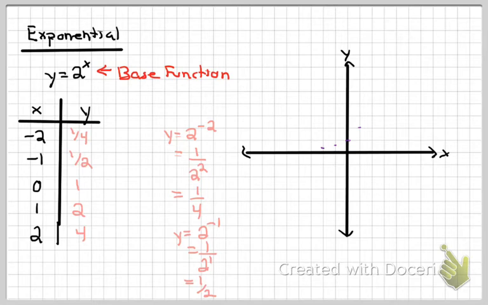And at 2, it will be 4. So you notice here that it slowly increases, and that after we hit our y-axis, it increases an extreme amount compared to on the left-hand side of our y-axis. And we can label this as y equals 2 to the power of x.